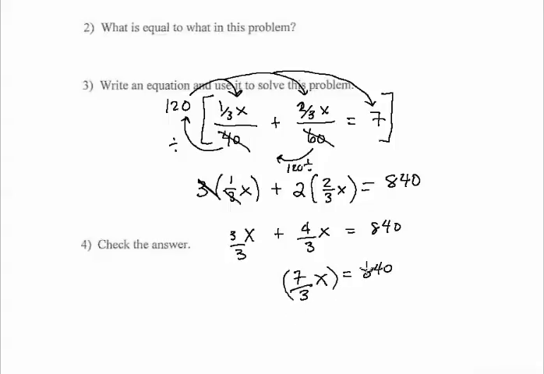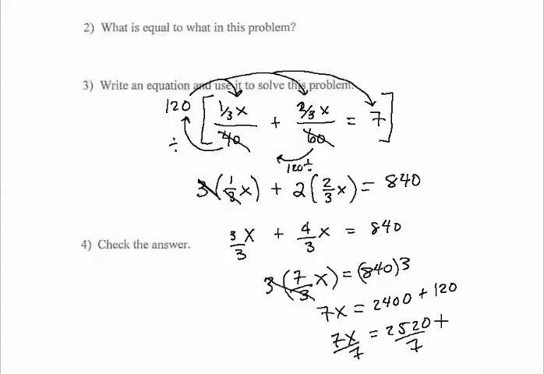To get the x by itself, we multiply by 3 on both sides. 3 times 840 gives us 2520.